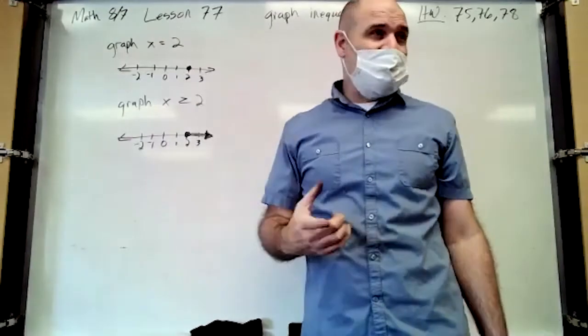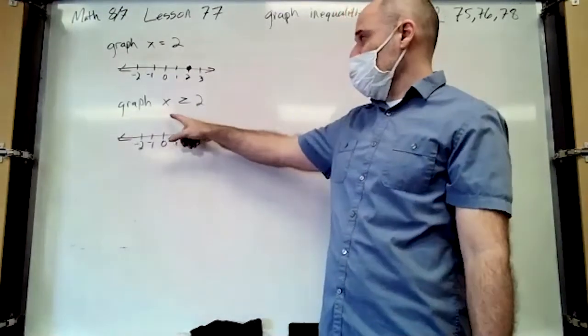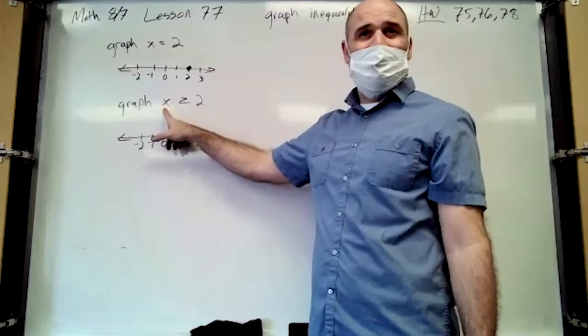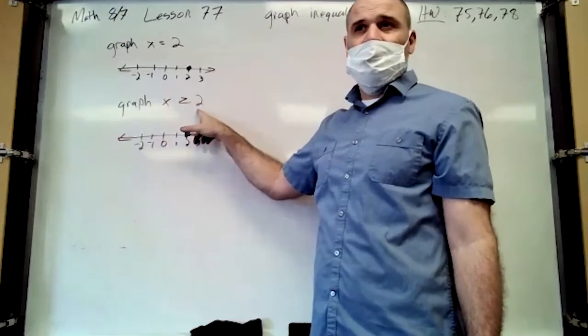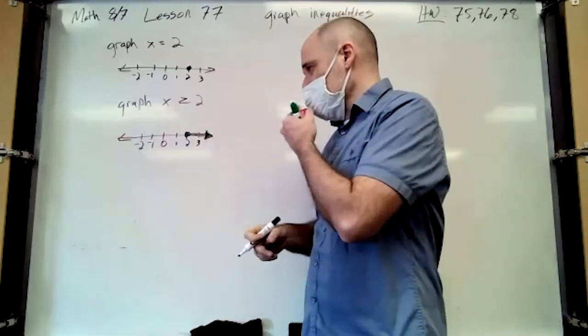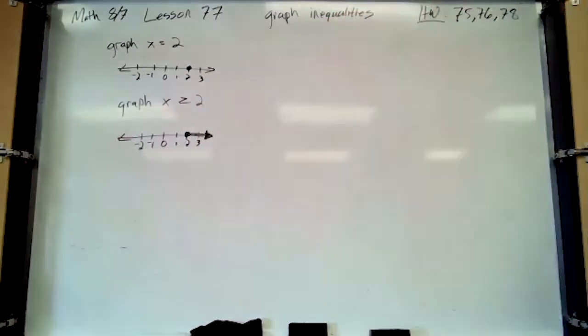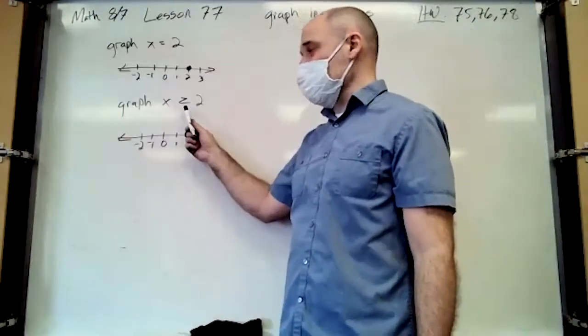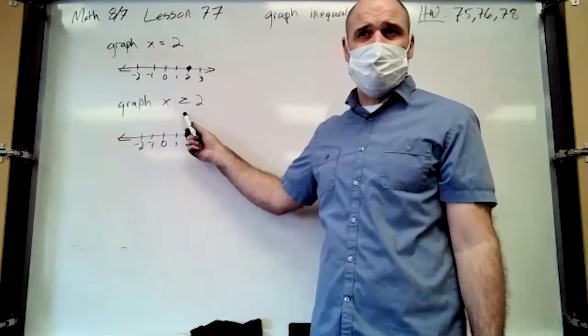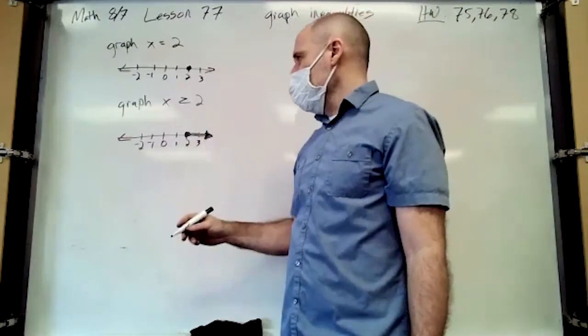So if I translate this into English, it would say shade to the right of and on top of 2. Okay, so if it's not equal to, it's either going to be less than or greater than. But in algebra, we have this symbol that says it could be greater than or it could be equal to 2.